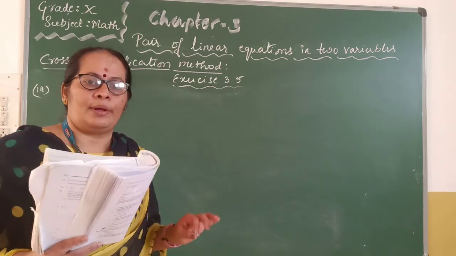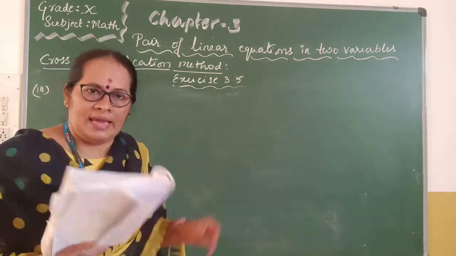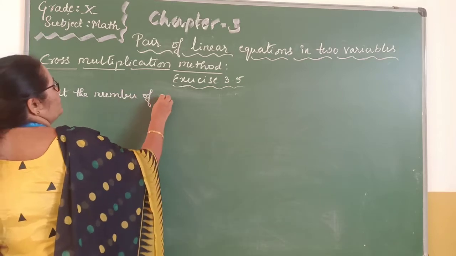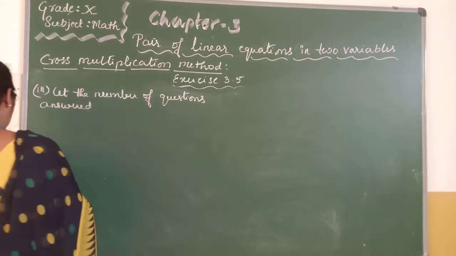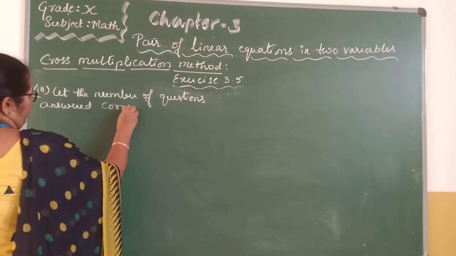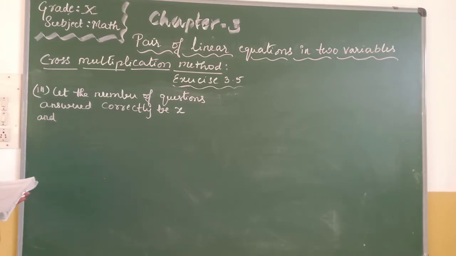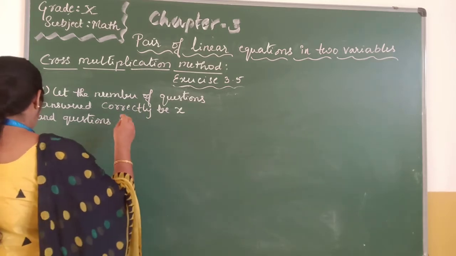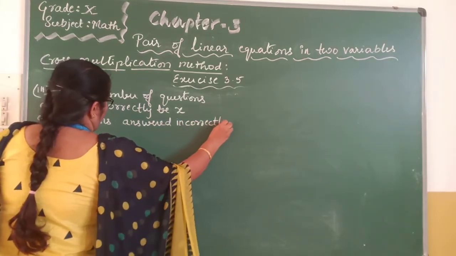So let the number of questions answered correctly be x and the questions answered incorrectly be y.